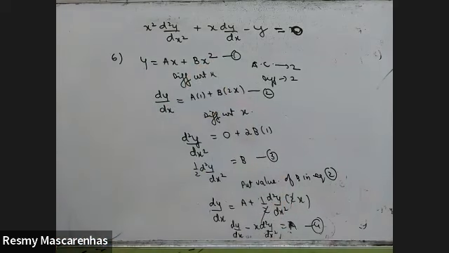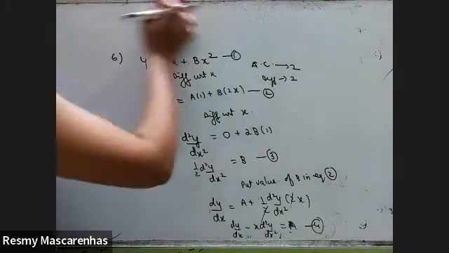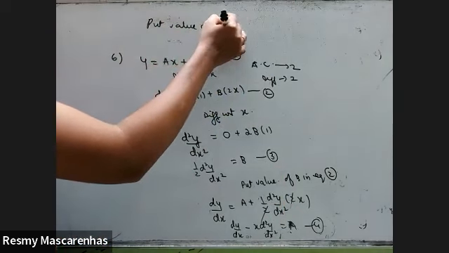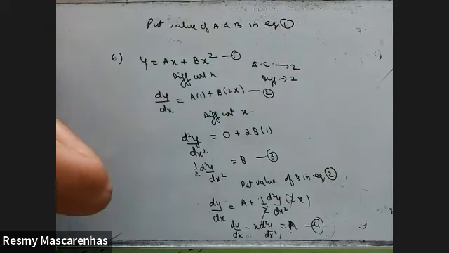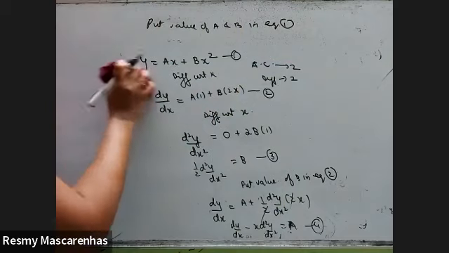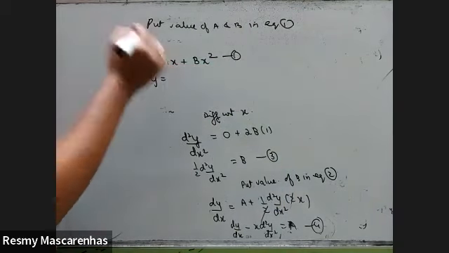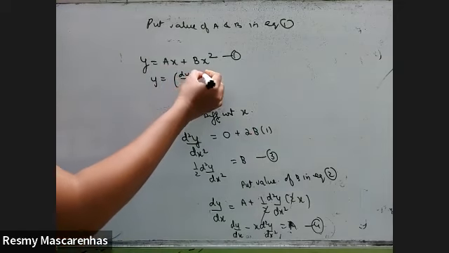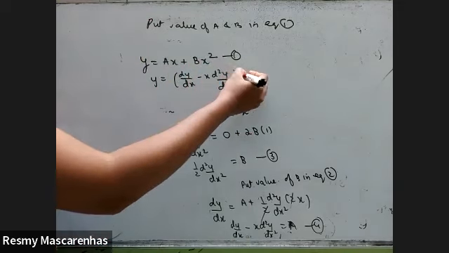Like how in problem number 3 we had done the same way. We had substituted the value of m back in the main equation. Like that. Put value of a and b in equation 1. This is equation 1. A is this, that is this x.